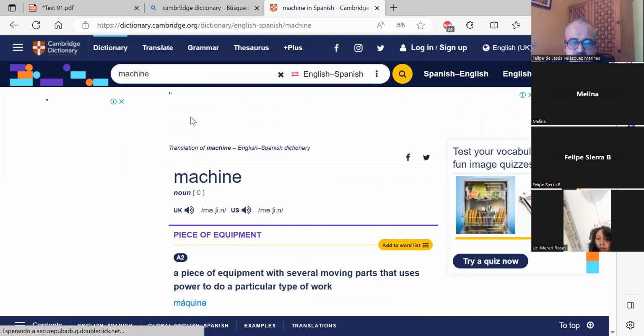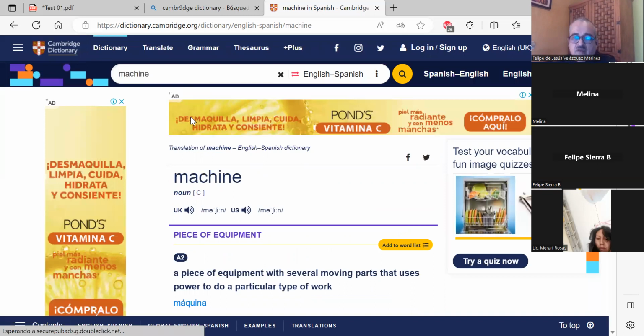Ah, yes, machine, teacher. Okay, so if the student didn't understand the correction, that's what I said, teacher, machine. So if you don't understand with one sense, you have to use another.